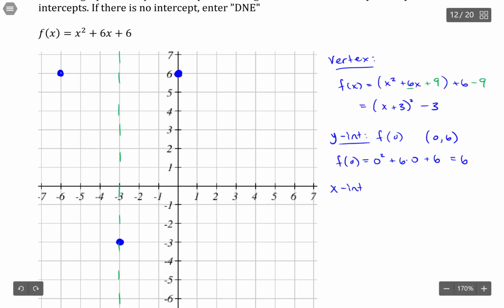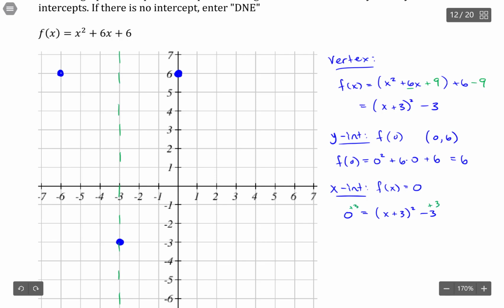Now lastly, we need some x-intercepts. For x-intercepts, we take the function itself, set it equal to 0, and solve. You can either take this form here, which might factor, and if it does, that's fairly straightforward. But since we've already taken the time to put it in vertex form, it will be an easier problem just to solve from this form.